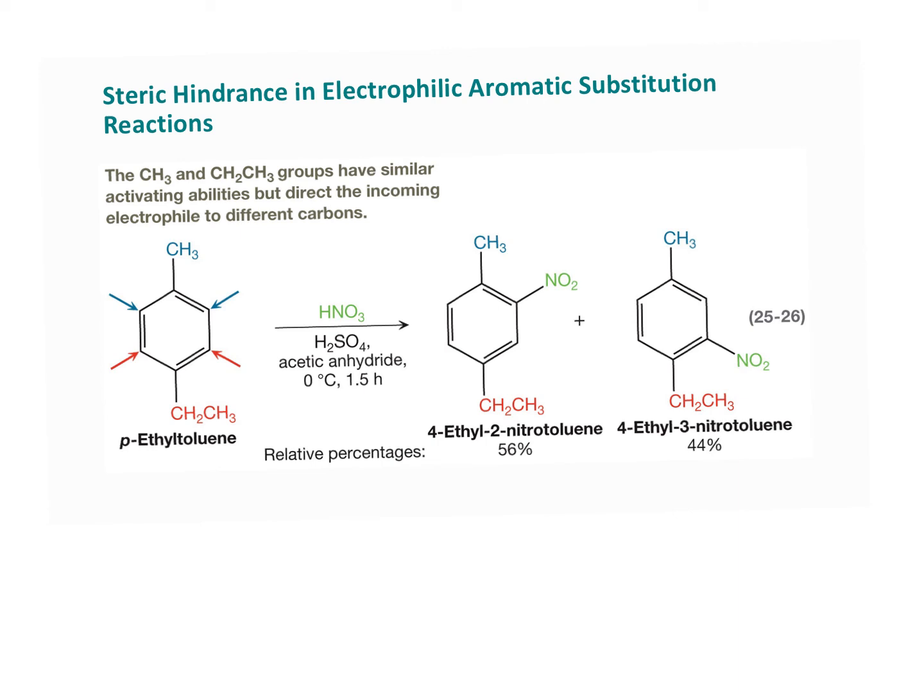When we look at this equation, we get a mixture of isomers produced because those two groups have nearly equal influence when it comes to directing the incoming electrophile. So the answer is we get a mixture of isomers. That's something to be aware of if the substituents disagree.